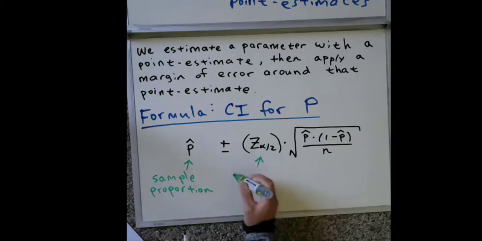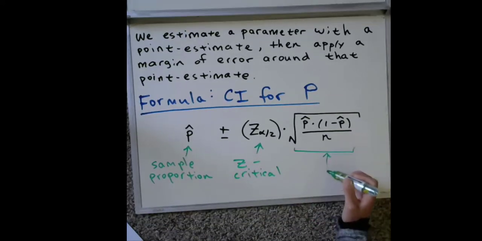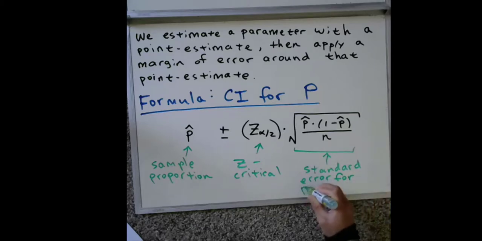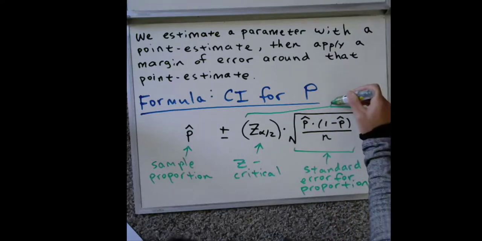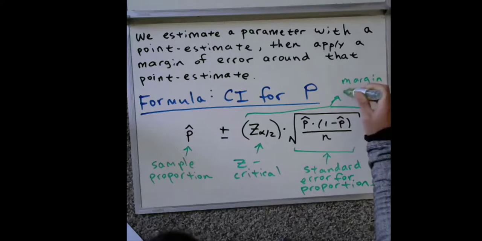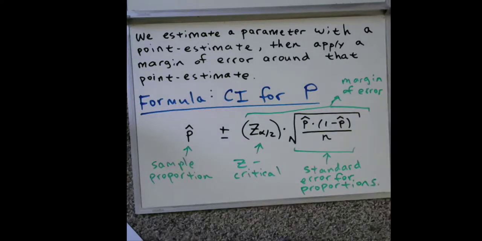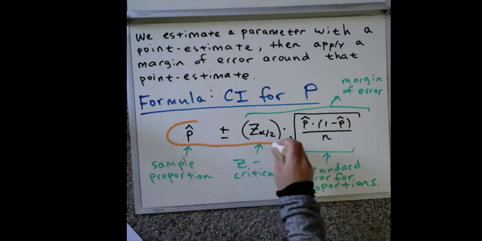So this Z is called Z critical, and we'll talk about how to find that. And this was the standard error for proportions. Everything after the plus or minus sign is called the margin of error. If you've got space, put this in a box. We're going to use it.